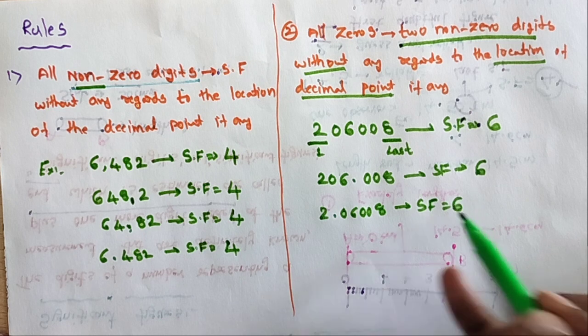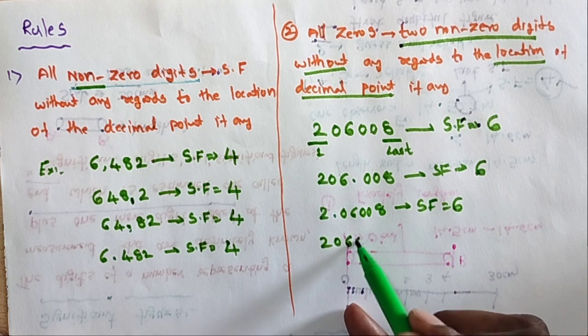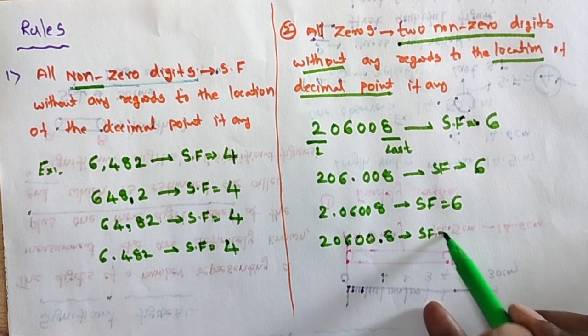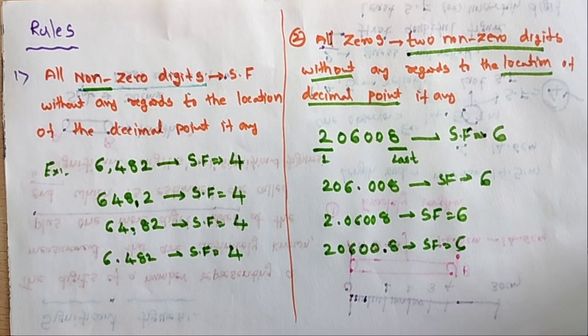It is also 6. And 20600.8, what is the significant figure, sir? It is also 6. This is the second rule.